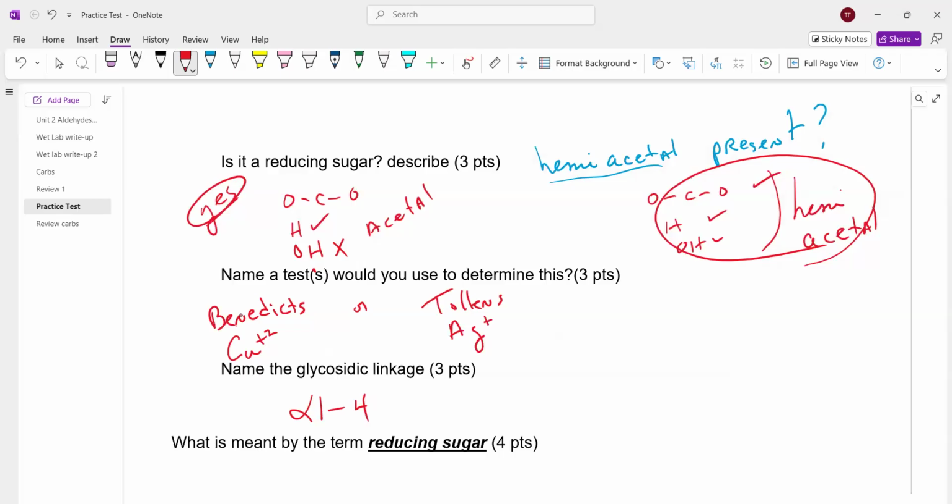And basically, the tests are chemistry-wise exactly the same. The appearance is quite different, and the performance is quite different. Benedict's is fast. Tollens is not too bad, but it's definitely not as fast as Benedict's. Benedict's takes seconds.